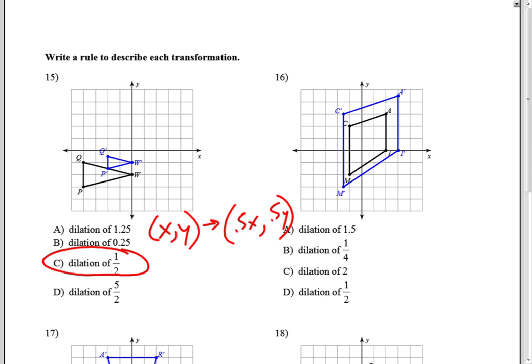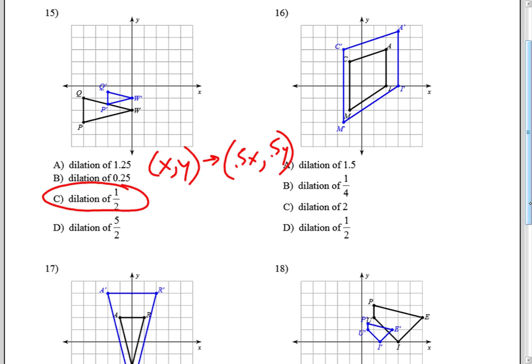Every single coordinate is being multiplied by 1/2 or 0.5. 16, we can rule out a couple things because that is an enlargement, so I can get rid of that one and that one. I'm noticing that it goes from a 3 to 4.5. Well, that's definitely not a dilation of 2 because it would go from 3 to 6. So that must be a dilation of 1.5.